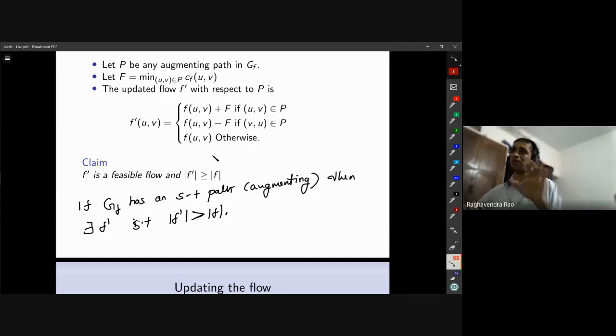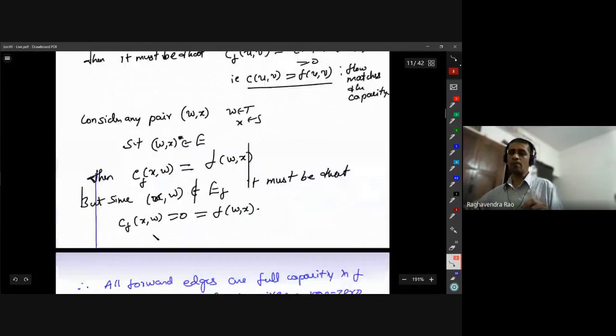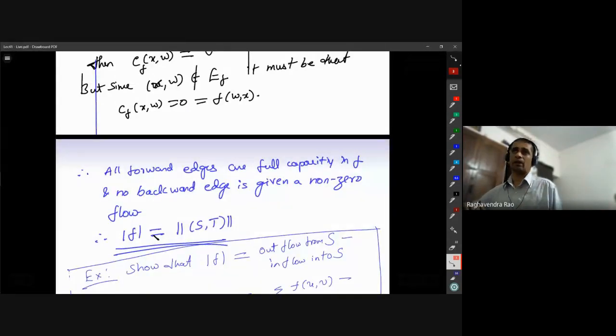So there is only a finite number of iterations possible where you keep on augmenting. The moment you stop, you know that the value of flow is equal to the value of cut. In fact, if you take the minimum cut, then that's going to be the value of flow.